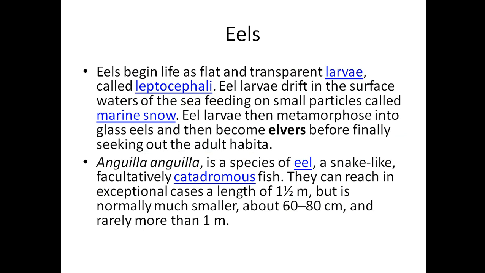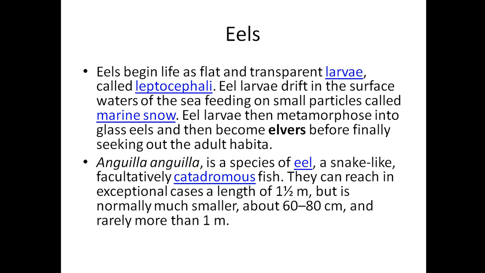Eels begin their life as a flat, transparent larva. This flat, transparent larva of eel is called leptocephali, and that is in the ocean, in the marine water. This eel larva cannot swim. Actually, they drift in the surface water of the sea, feeding on marine snow. What do you mean by marine snow?